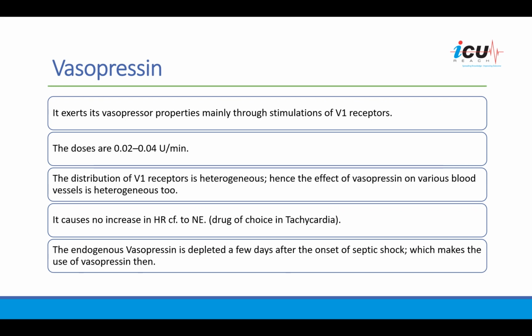The agent does not cause an increase in the heart rate compared to norepinephrine, so it is preferred in patients with tachycardia. The endogenous vasopressin is usually depleted within a few days after the onset of septic shock, which makes the use of it very appropriate at that time.